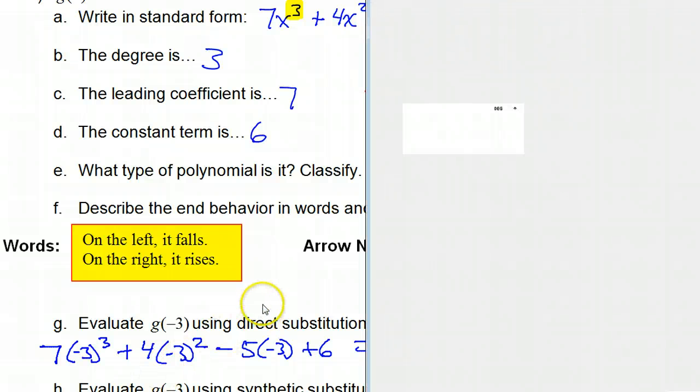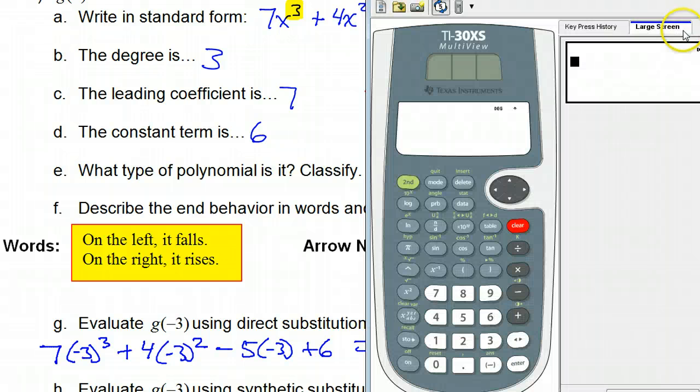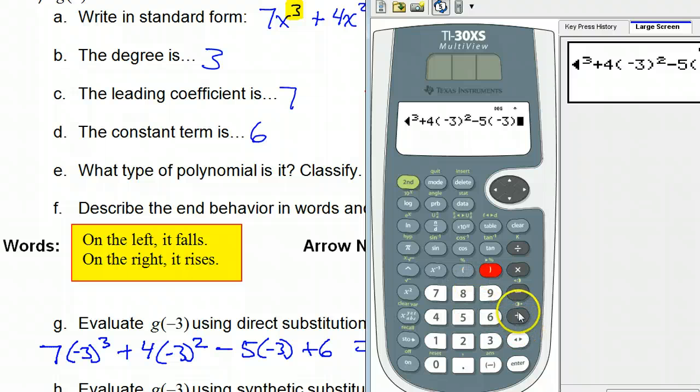And the easiest way to do that, of course, is to use your handy dandy TI-30XS MultiView. Watch me work, people. So 7 times negative 3, use the caret for the third power, plus 4 times negative 3 squared, minus 5 times negative 3, plus 6.